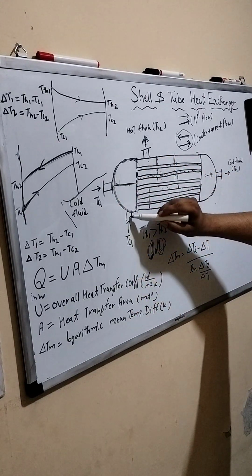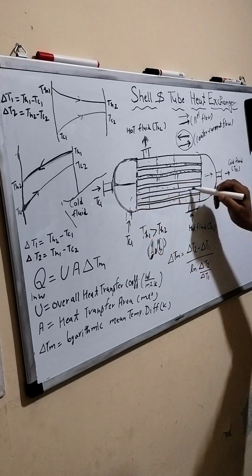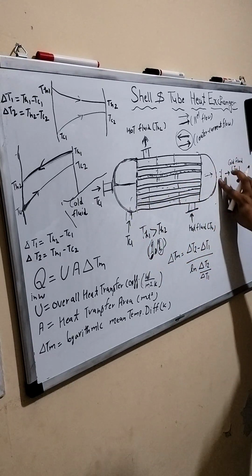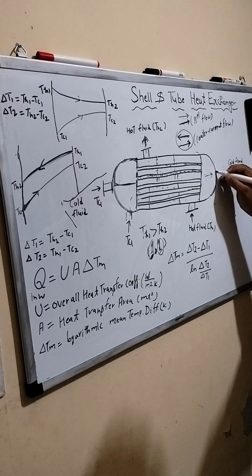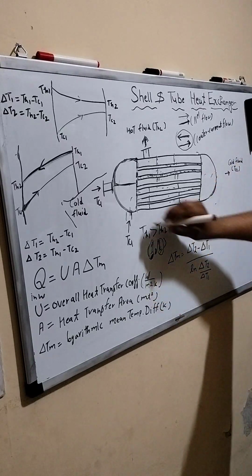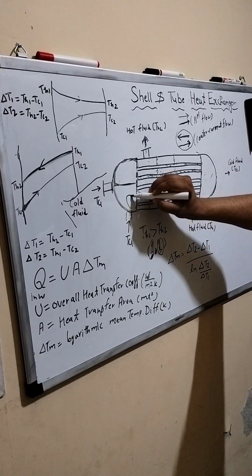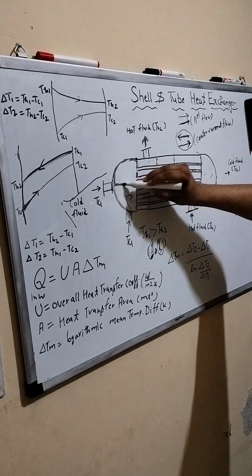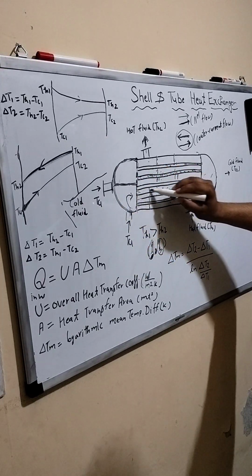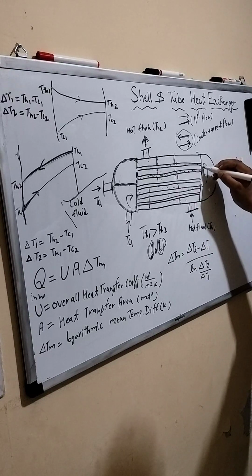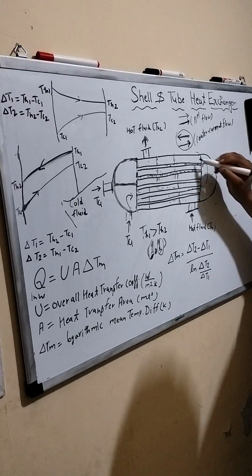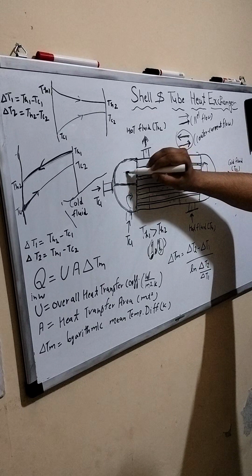The cold fluid will enter, and since this side is blocked, it will move through these tubes, come into this section, and then move to this side.